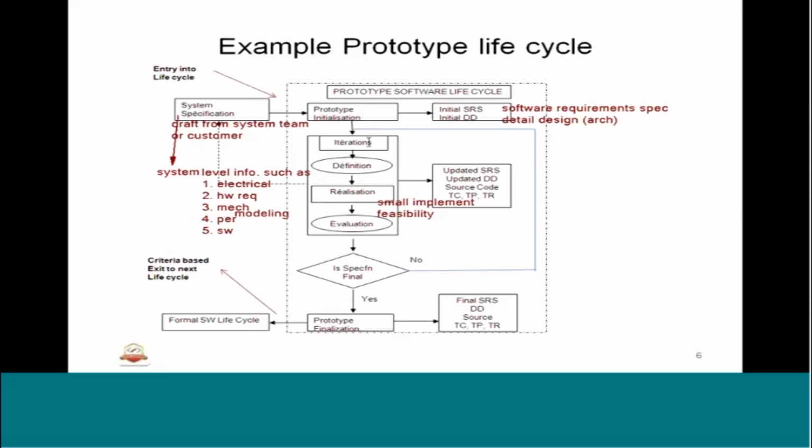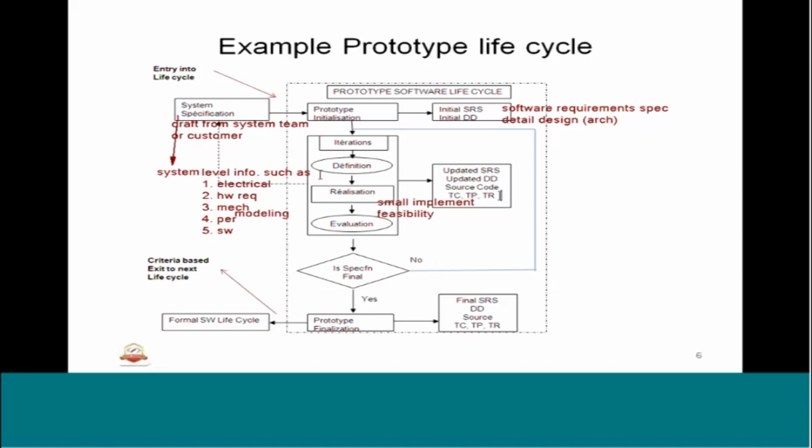That is why we will concentrate on software requirement specification, SRS, detailed design, and the source code, all specific to software. And as far as the testing is concerned, we will use a test case, test procedure and a prototype result in terms of a test result.